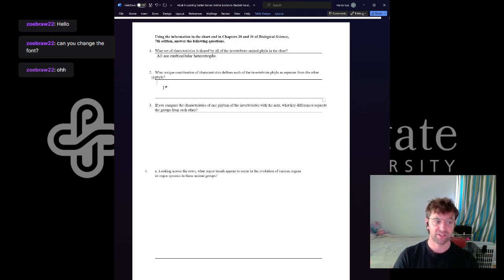No single characteristic is going to define each phylum, and rather it's the specific combination of characteristics that is unique to and defines each phylum.